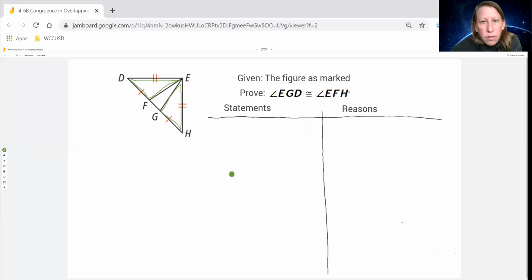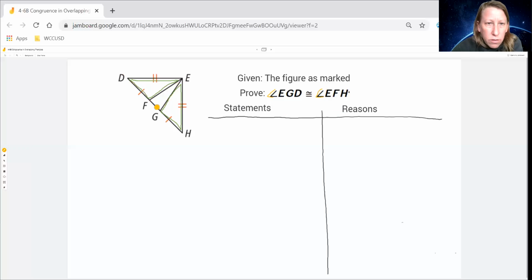Okay. I'm trying to prove, maybe I'll do this in yellow, that angle EGD is congruent to angle EFH. Where's EGD? Angle EGD.